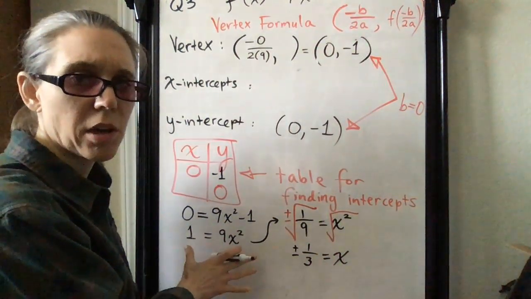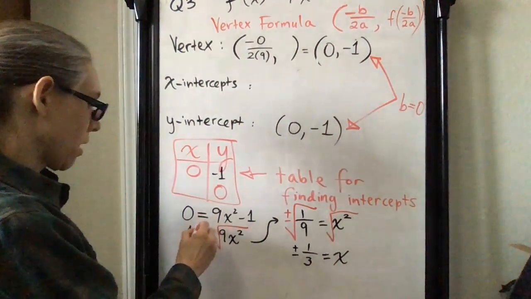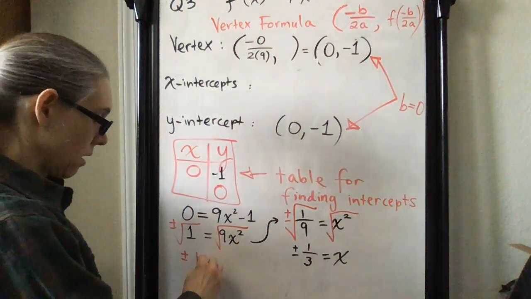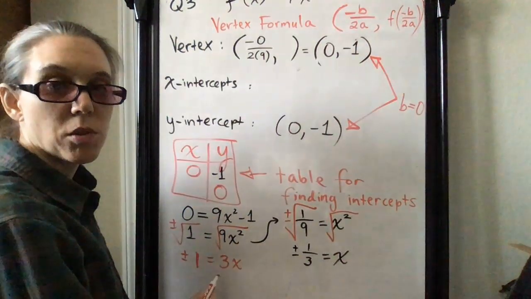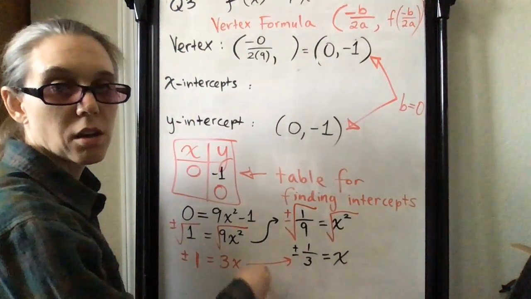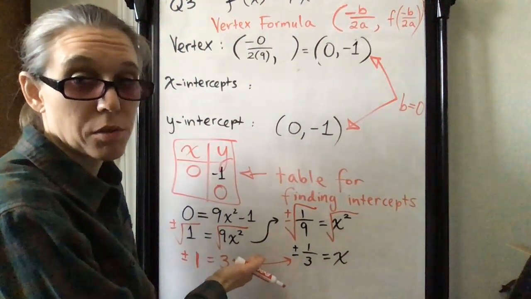If you had done it this way over here, and if you had taken the square root of both sides, you would have ended up with plus or minus 1 is equal to 3x, and then when you divide both sides by 3, you end up here. So you could go either way, just because 9x squared happens to be a perfect square.